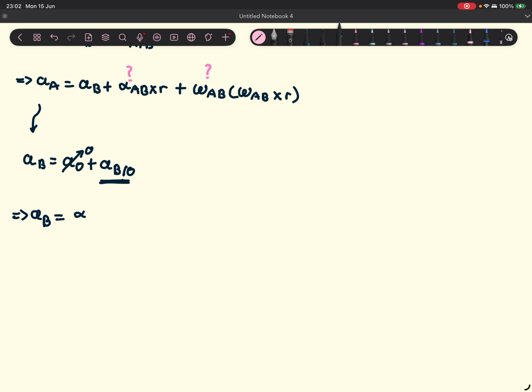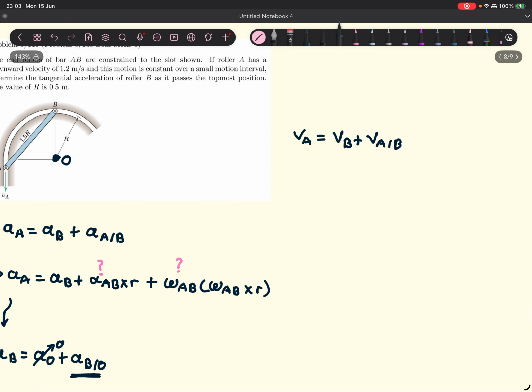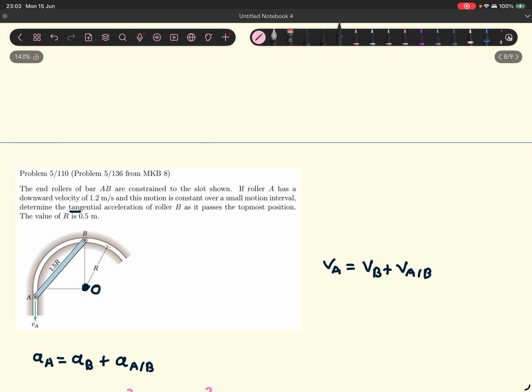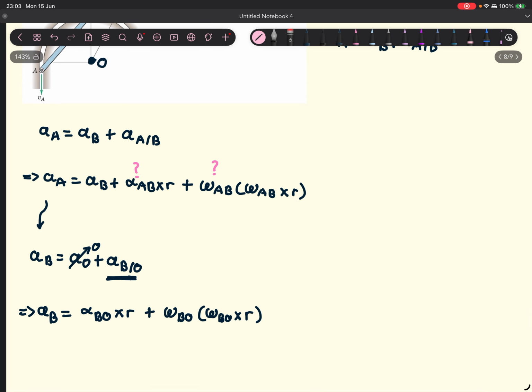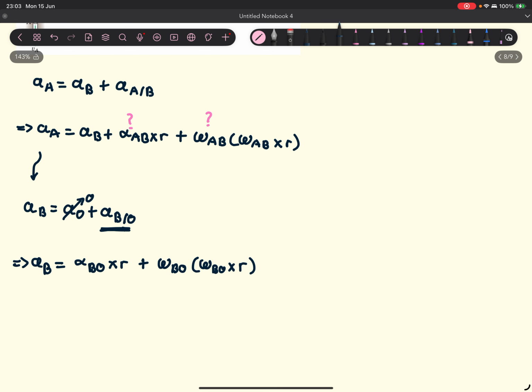So the tangential component is going to be alpha BO crossed with R plus the normal component, which is going to be omega BO into omega BO crossed with R. Okay, and that's where the tangential acceleration of roller B comes from. So we're essentially trying to solve for this term over here.